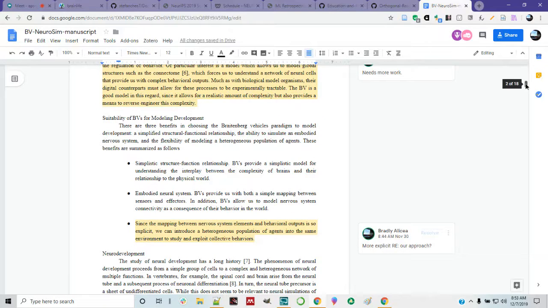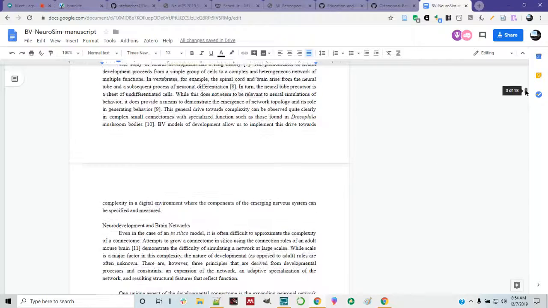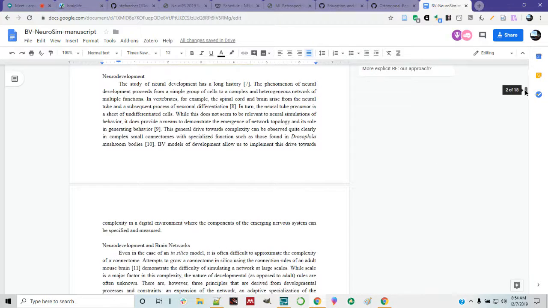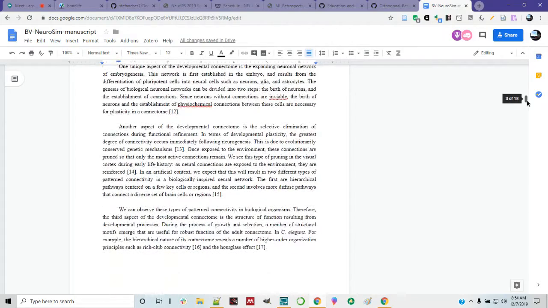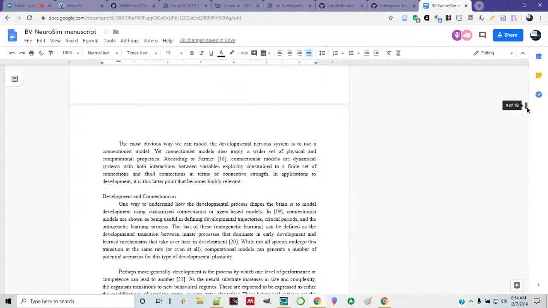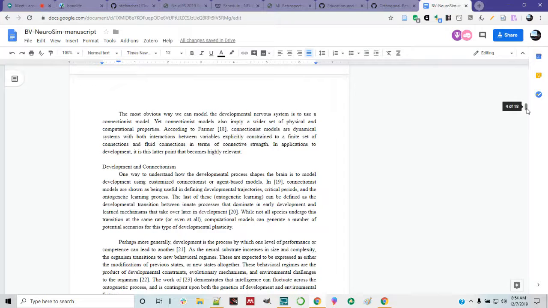Then basically there is justification for the approach, some things on neurodevelopment in general, like in the biology, some things about neurodevelopment and brain networks. So we move to network representation, and then development and connectionism, which is an interesting relationship. I think I talked about this with Ziyi.